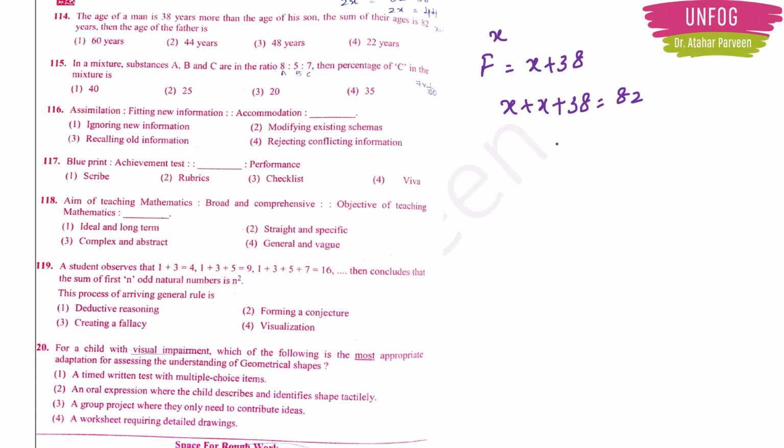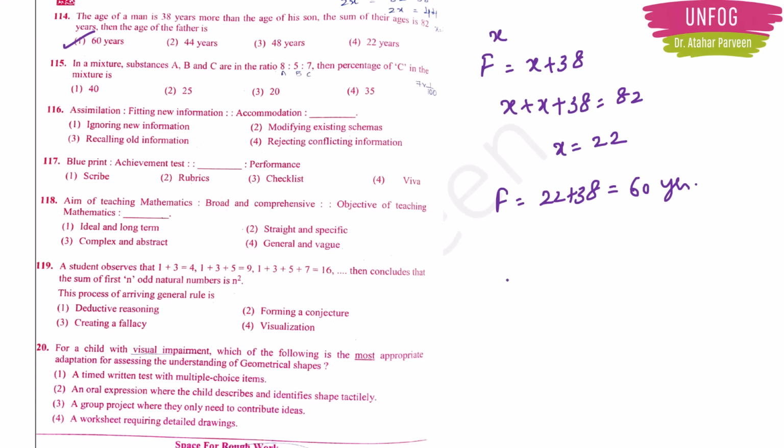So this will give x is equal to 82 minus 38, 44 by 2. It will become 22. So what will be father's age now? It will be 22 plus 38. So that should give us 60 years. So option 1 should be the correct answer.